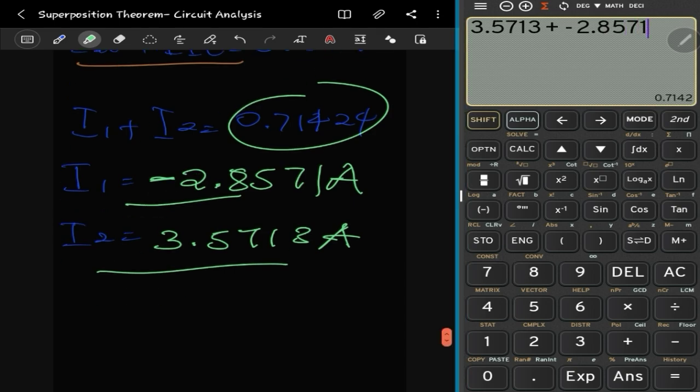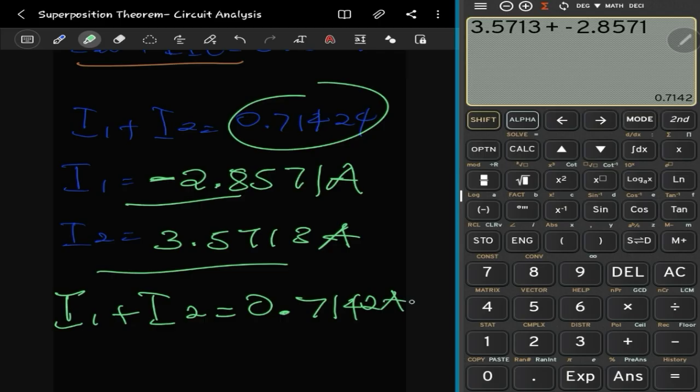Yeah, and that gives us what we had at top by just adding the small parts. The same thing. So what we are looking for was I1 plus I2, right? It gives us 0.7142 amperes, which is the same as this one we had here, right? Yeah, so that's it. Superposition theorem, second analysis, circuit analysis. All right.